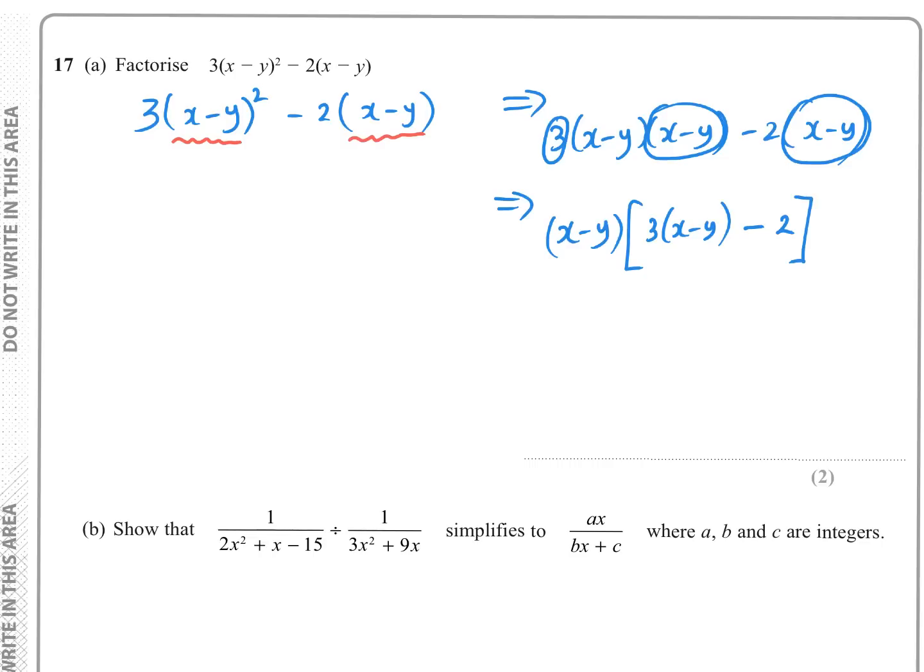Okay, so again, if you want to check this out, multiply it back out and you'll have 3 lots of x minus y times x minus y, which is x minus y all squared, minus 2 lots of x minus y, which is what you've got. So we can know for sure that x minus y is a factor.